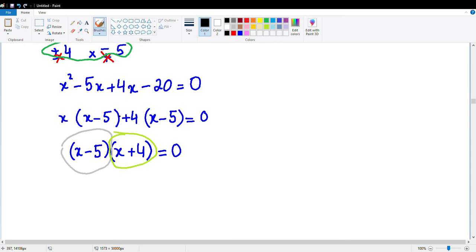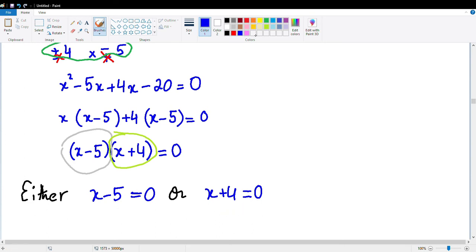We don't know which one of them is 0, so we're going to say that either x minus 5 is equal to 0 or x plus 4 is equal to 0.